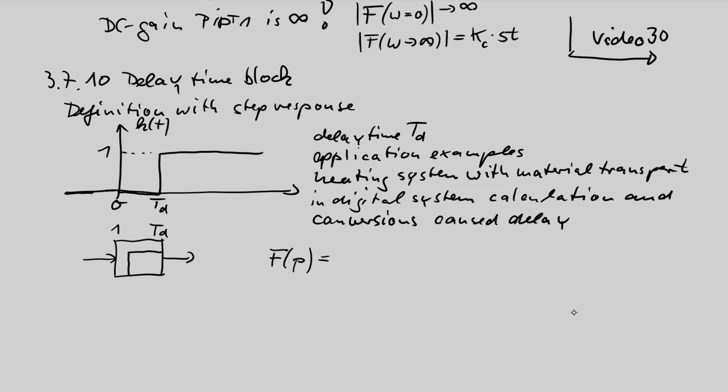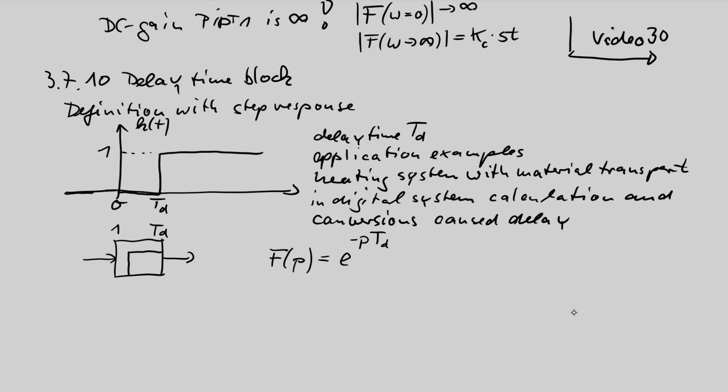But the Laplace transformation gives the answer how the transfer function can be written, because maybe we know the delay rule in Laplace transformation. If in the time domain a signal is delayed, in the frequency domain the signal is multiplied with the exponential function e to the power of negative complex frequency p times the delay time.